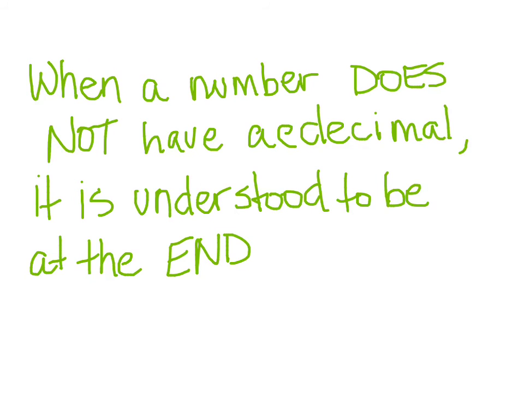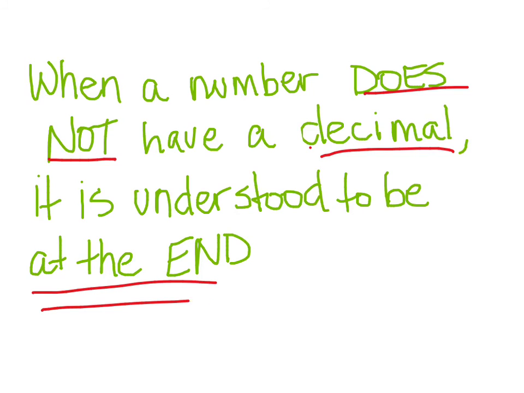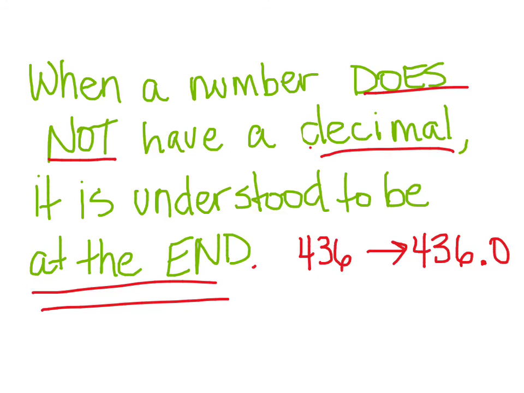Okay. When a number does not have a decimal, it is understood to be at the end. So, for example, if I have the number 436, the decimal is at the end: 436 decimal 0.